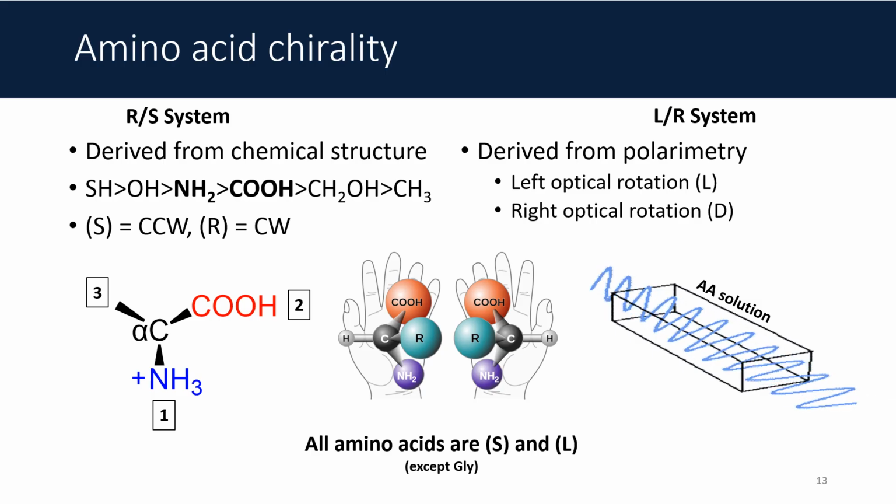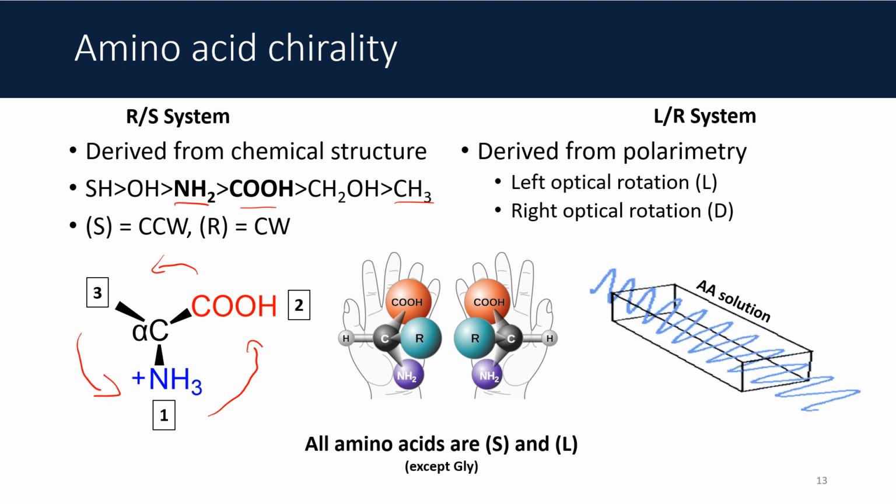I have an amino acid shown over here. It is going to be alanine because there's a methyl group. And is this R or S? Well, we assign greatest priority to the amine, second most priority to the carboxyl group, and the methyl group will be the lowest priority. So this proceeds in a counterclockwise fashion.